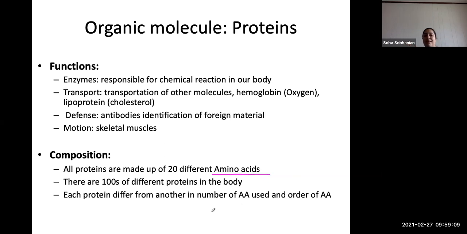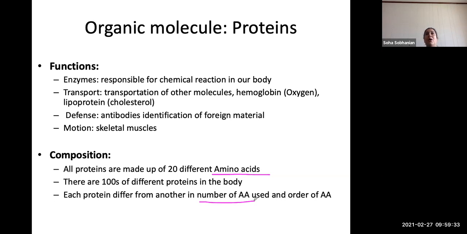So the difference would be how many amino acids I've used to make them. So maybe one of them only uses 100 amino acids to be made, right? And the other one uses 1,000 amino acids to be made. So one basically is small, the other one is large. The other difference is, how did I order those amino acids?